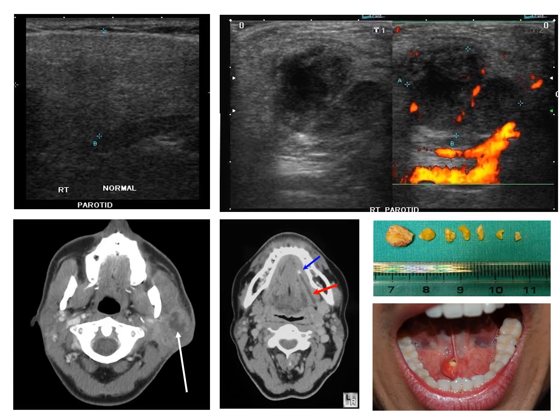And blocking that duct, like blocking any other duct, can lead to distension of the gland and a risk for secondary bacterial infection. The CT scan shows it really nice. At the blue arrow, you can see the calcified stone, and then at the red arrow, you can see the dilated duct.